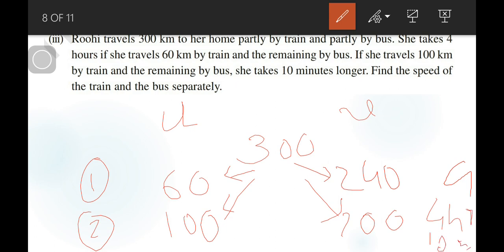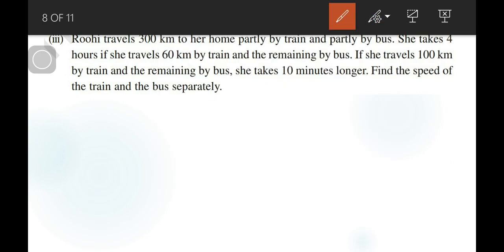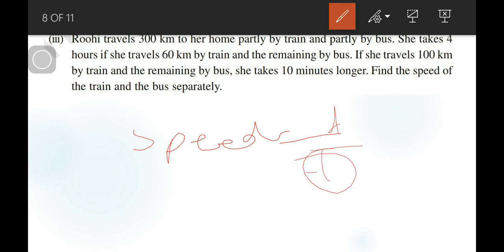So first we convert it in a simple form by using the formula that we know that speed is equal to distance upon time. We want to find time, so t is equal to distance by speed. Using this formula we can find the solution.